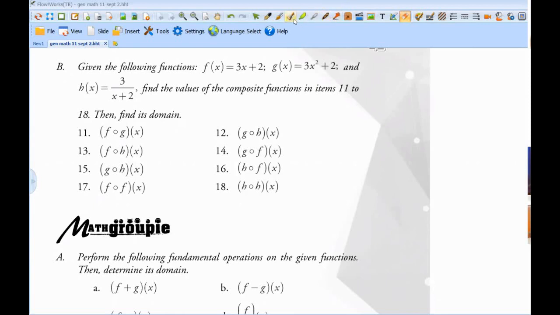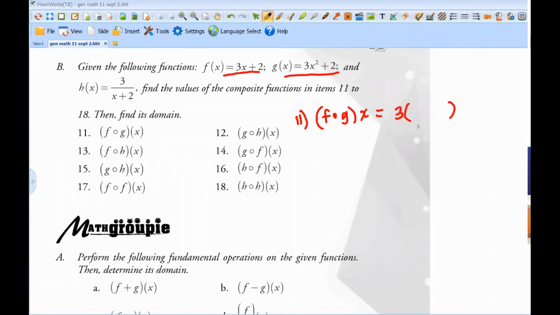Okay, so let's start with number 11. So this is a composition of function. So the f circle g of x. Right? So this is our f of x. This is our g of x. Whatever inside the value of your x in f of x would be the g of x. So if I'll write it, 3, and then open bracket, what is inside that?